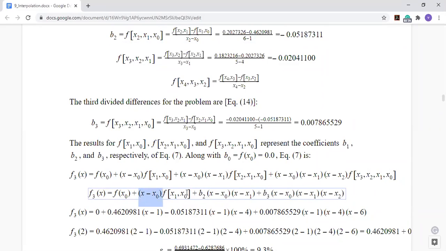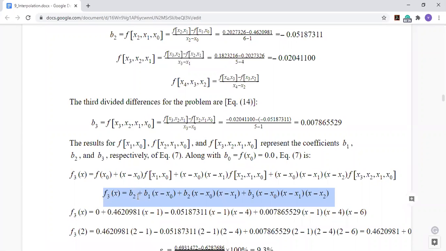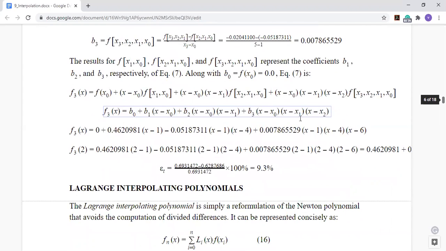Then this is B1, so let me delete it and replace it with B1. Then this is B0, let me delete it and replace it with B0. Sorry, I'm a bit slow. I'm not used to Google Docs. Okay, so we already have B0, B1, B2, and B3, so we can just put in the values we got to write the polynomial.